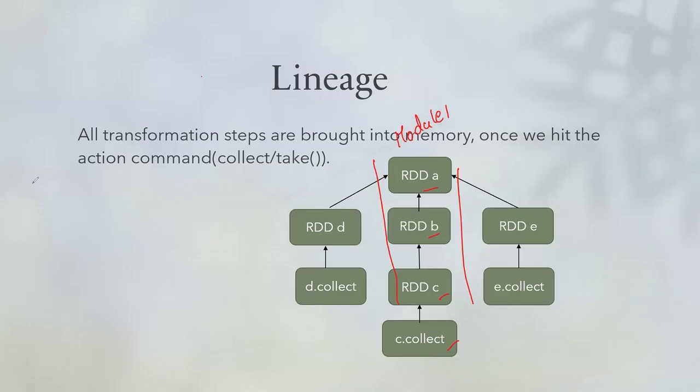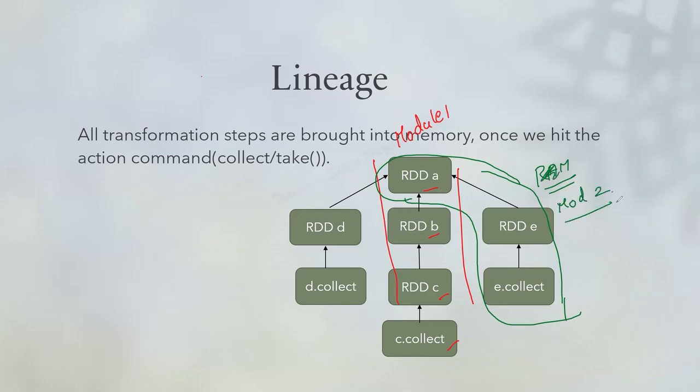Now I'm going to run module number 2, which is this entire step. This green box is module 2. It is another branch of RDDs which we want to execute.